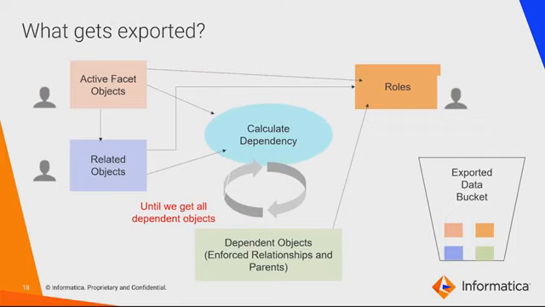All these dependencies are calculated by the backend, and then it exports them in the form of a zip file. The exported data bucket contains all the roles, that is the stakeholders, the active facets, the one in focus, and also the dependency of the relationship or the relationship bulk upload templates.